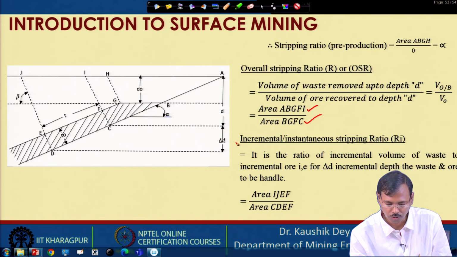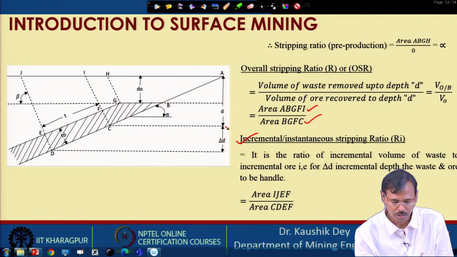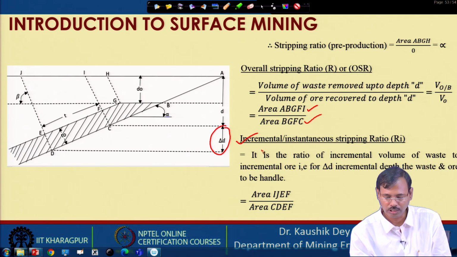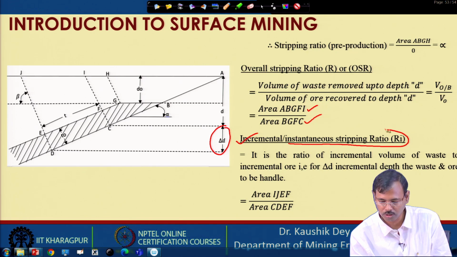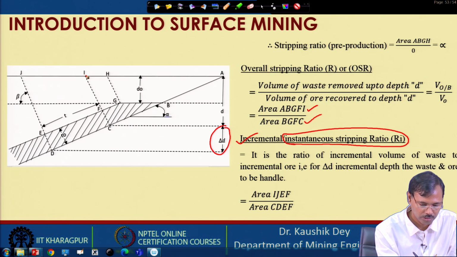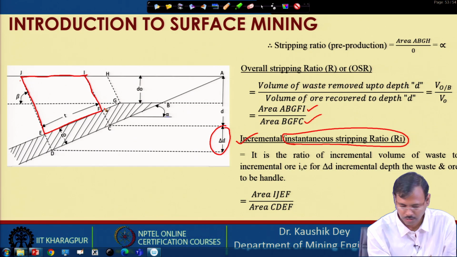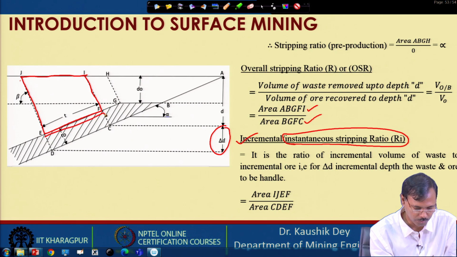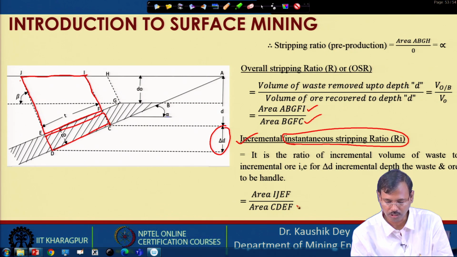And if you are going for an incremental depth of excavation, then your incremental or instantaneous stripping ratio will become IJEF, and the ore excavation is this much, EFCD.